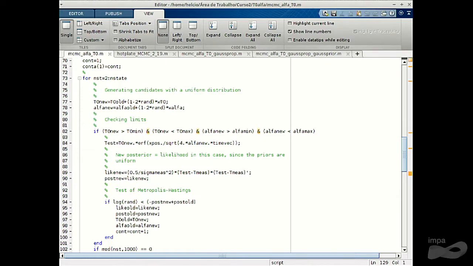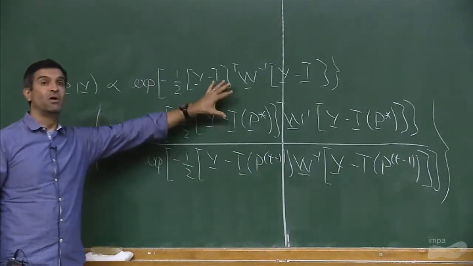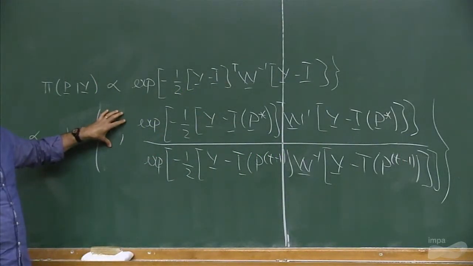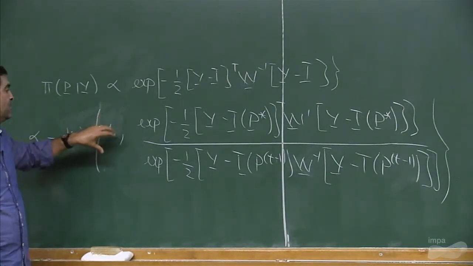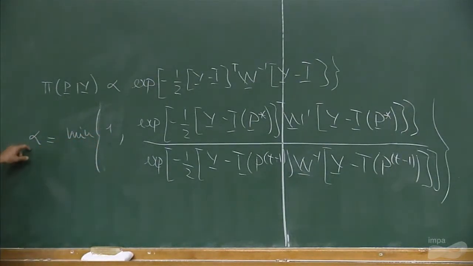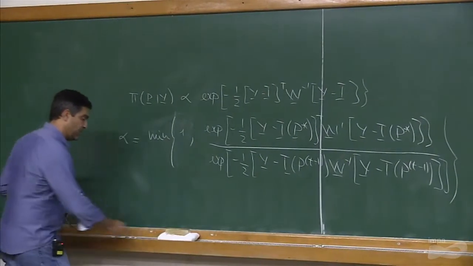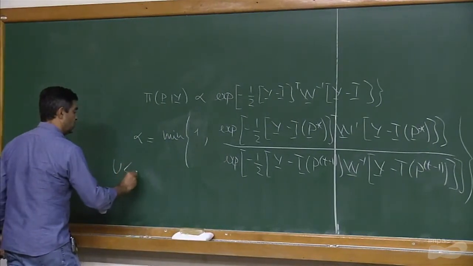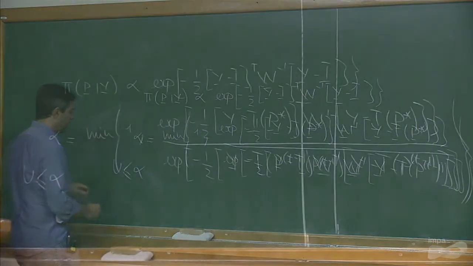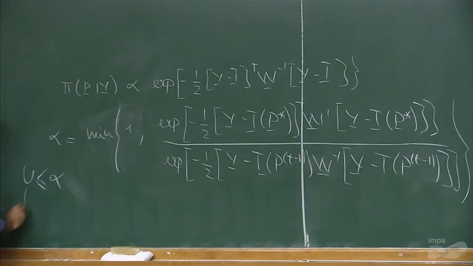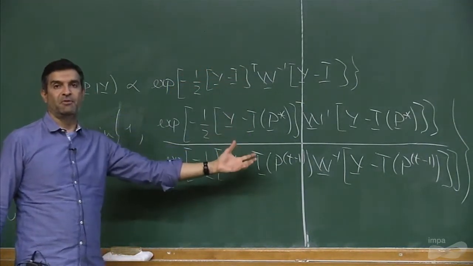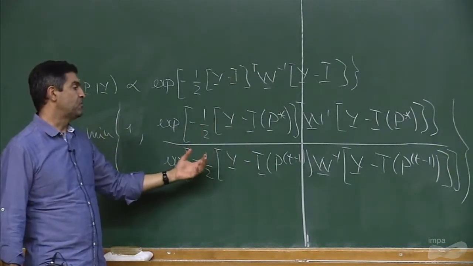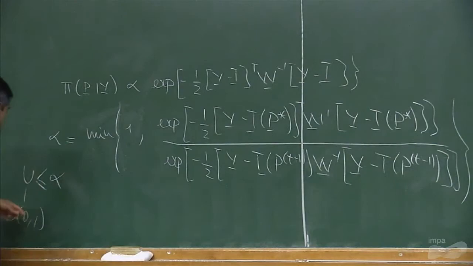Another point: if this is larger than 1, you always accept it. If this is larger than 1, no problem, you accept it, because u is drawn from a uniform distribution between 0 and 1. So if the posterior is larger, you accept it, but even if the posterior is smaller, you might accept with this probability u.